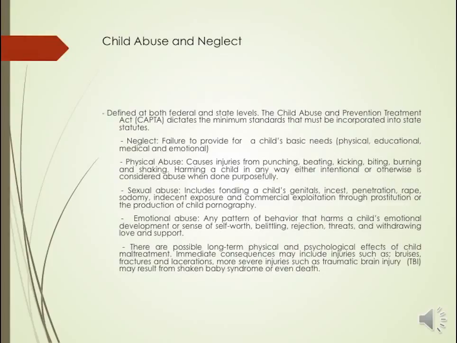Immediate consequences may include injuries such as bruises, fractures, and lacerations. More severe injuries such as traumatic brain injury, TBI, may result from shaken baby syndrome. The maltreatment may result in death in some cases.